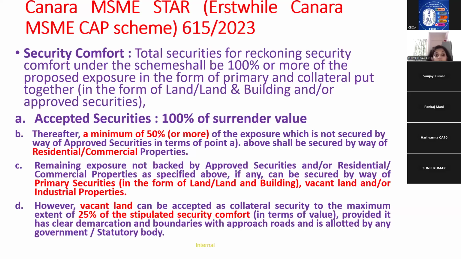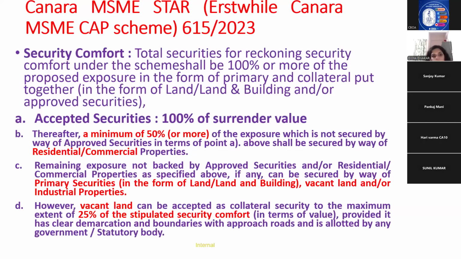The same thing, you might be remembering, when we thought of waiver of CGTMSE for new borrowers, we can accept vacant land the same way up to a maximum extent of 25% of the stipulated security comfort. Here also, vacant land can be accepted up to 25%.